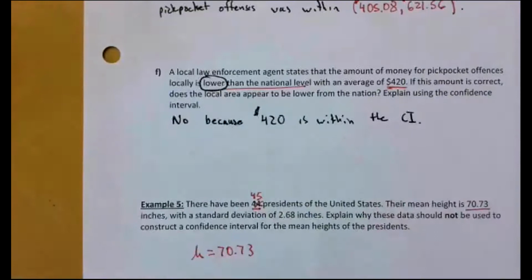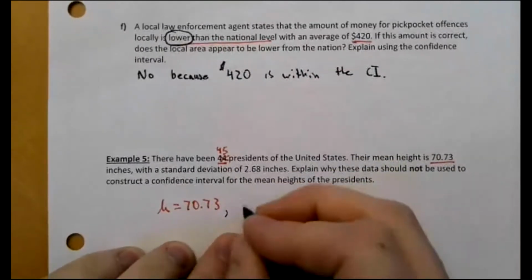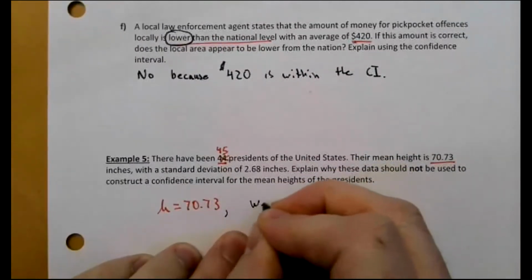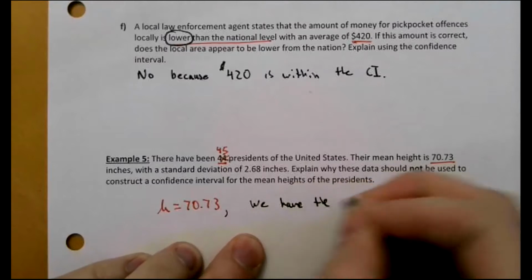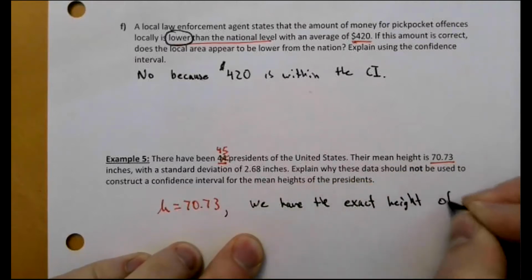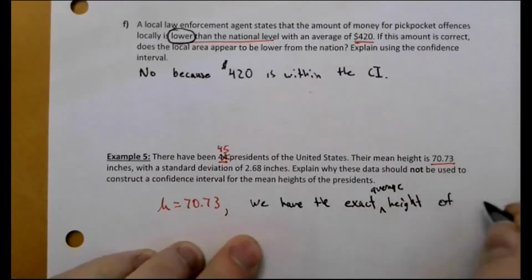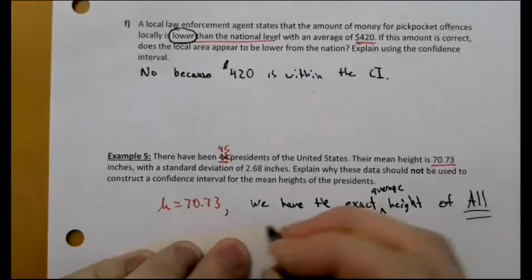Can you explain just what you just did? Why? Because it's a parameter, because there's a small population of presidents, or what? Yes. Okay. We have the exact average height of all presidents.